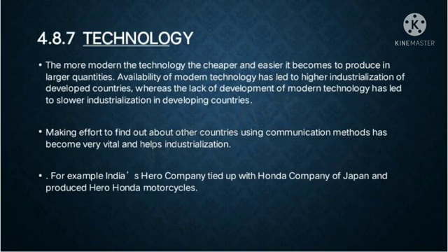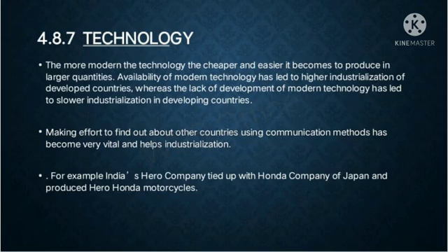Technology. The more modern the technology, the cheaper and easier it becomes to produce in larger quantities. Availability of modern technology has led to higher industrialization of developed countries, whereas the lack of development of modern technology has led to slower industrialization in developing countries.